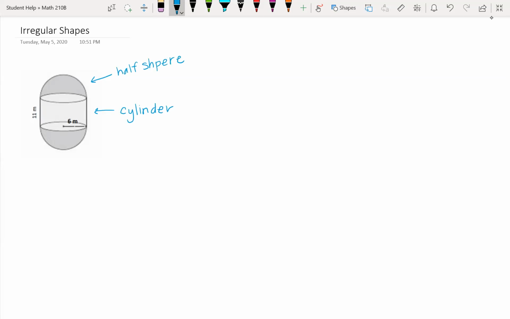If we think about taking the two half spheres and putting them together, we would have one complete sphere. So I'm going to think about the volume of this as a cylinder, which is in the middle, plus a sphere, even though it's split into two pieces.